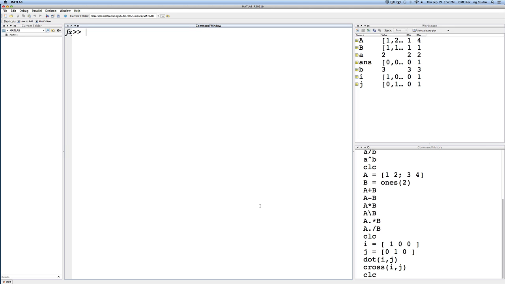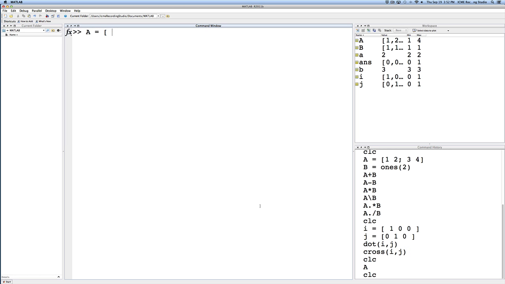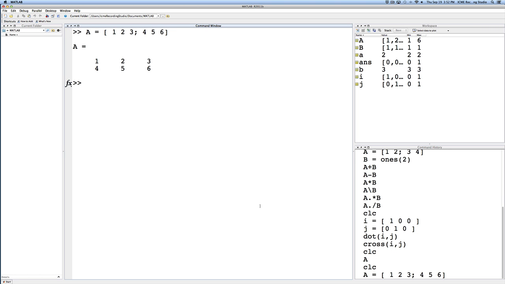The conjugate transpose of a matrix or a vector A is given by A prime. If A is a real matrix, then A prime would just be the transpose. Let's say A is a rectangular matrix of dimensions 2 by 3.